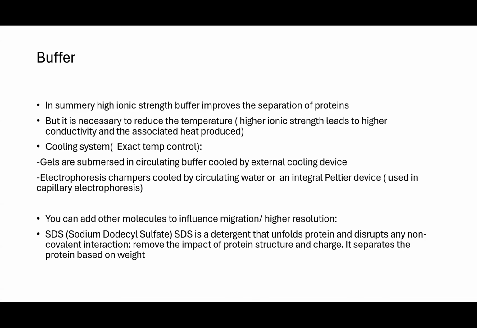You might have seen, in different types of electrophoresis, SDS polyacrylamide gel.